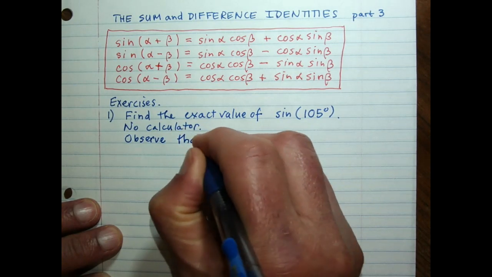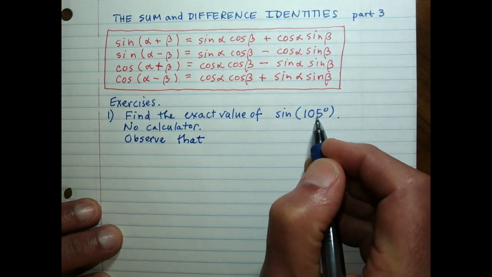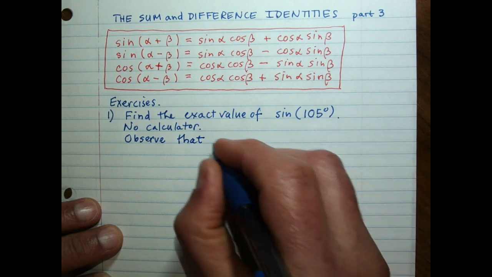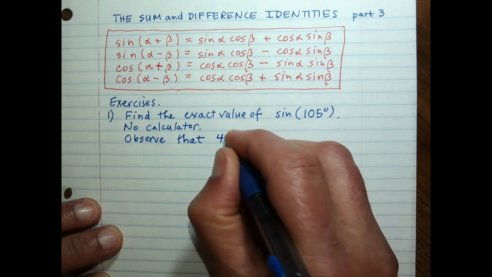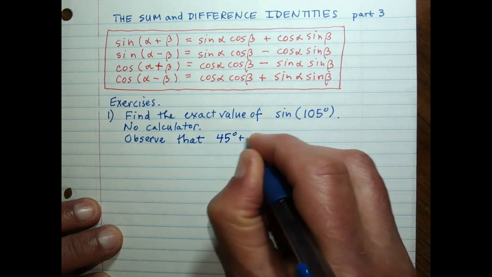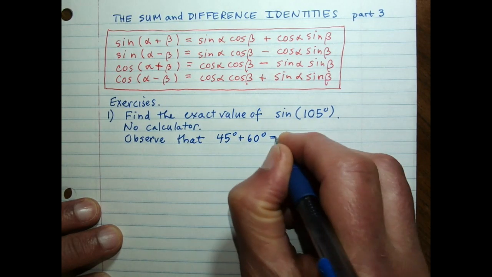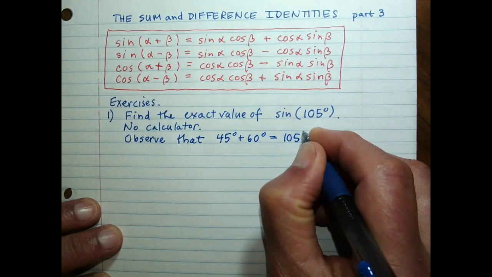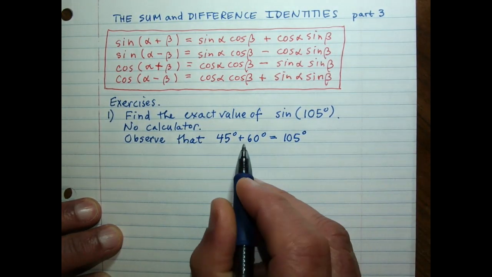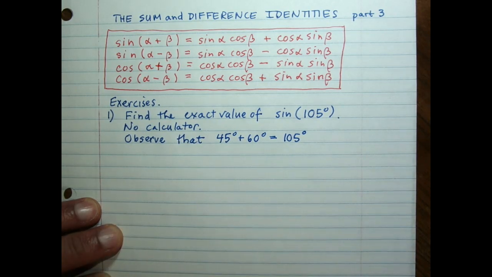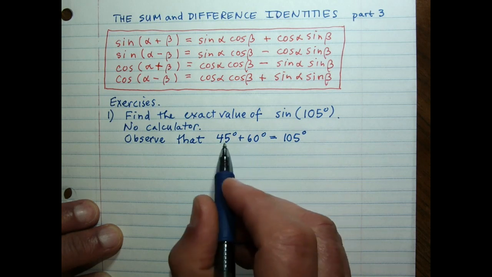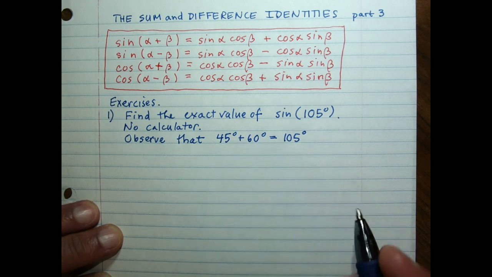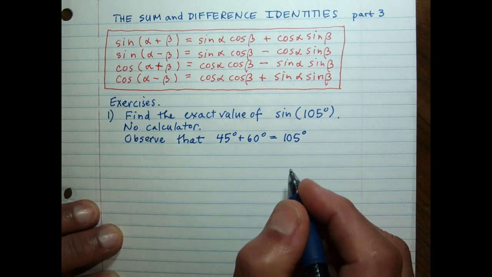Observe that one way to think of 105 degrees is as 45 plus 60 degrees. That adds up. 45 plus 60 degrees is 105 degrees. I can add up two of those familiar angles, 45 and 60, to get 105.